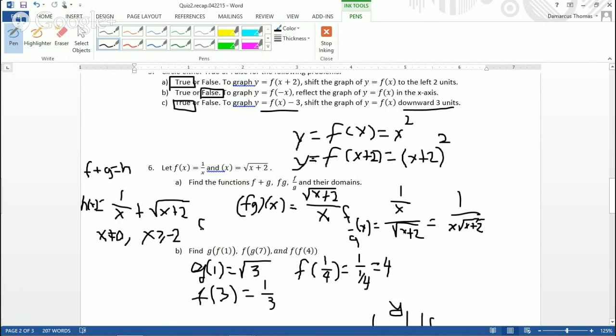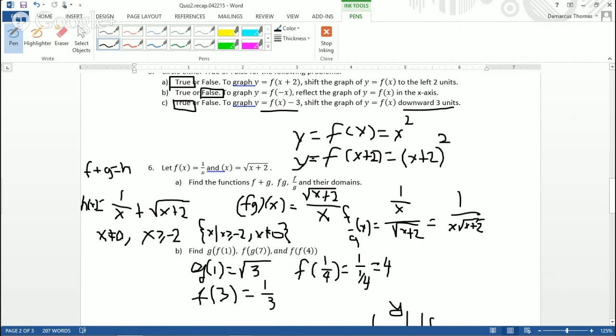It would be the set of all x's such that x is greater than or equal to -2 and x is not equal to 0. And that would be sufficient to show that the domain is the set of all x's such that x is greater than or equal to -2 and x is not equal to 0.